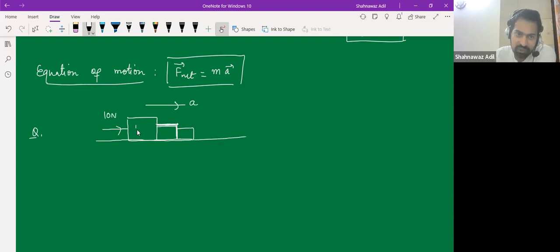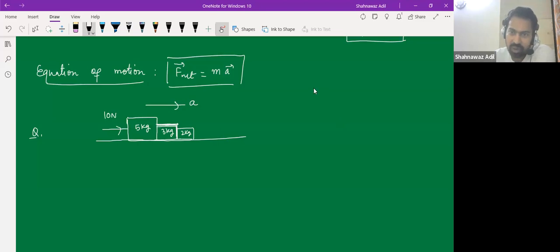This is a 5 kg block, this is a 3 kg block, and this is a 2 kg block. We have to write all the forces on each block. These are connected, so their surfaces are connected, which means they will have the same acceleration, right? Yes, sir.